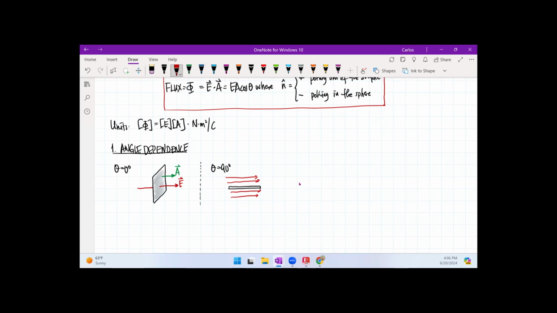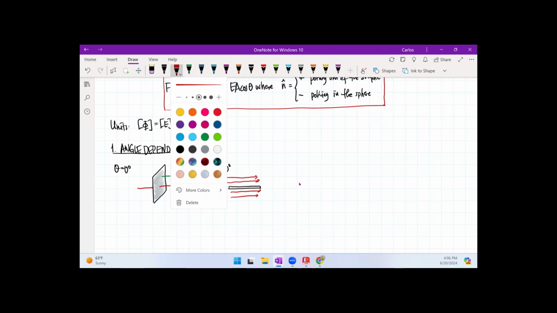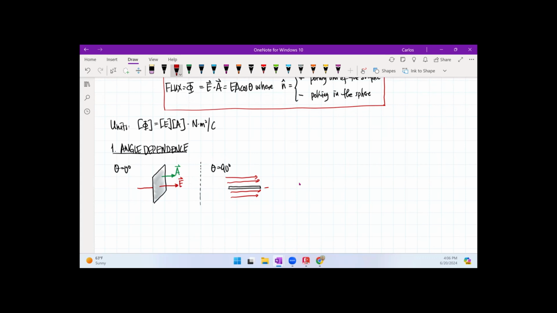This is the direction of the E field, but the area is perpendicular to this. So if this is 90 degrees for the area element, then I know that flux is going to be 0.